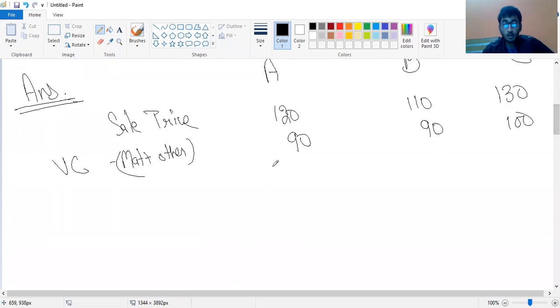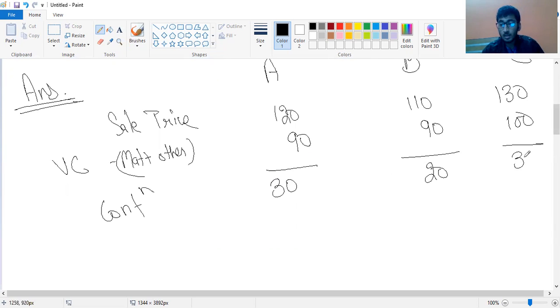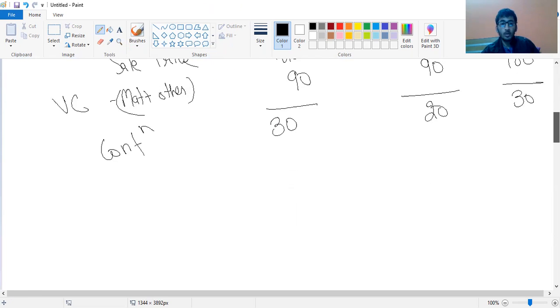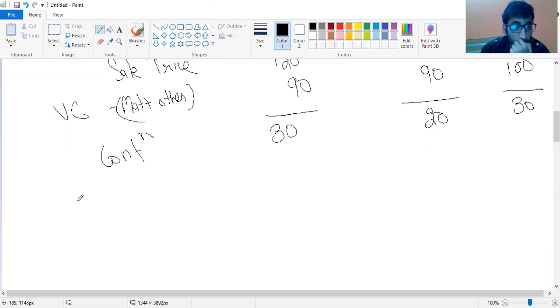So I can say, what is the contribution? It is 30 per unit, it is 20 per unit, and this is again 30 per unit for A, for B, for C. Now time of bottleneck resource.